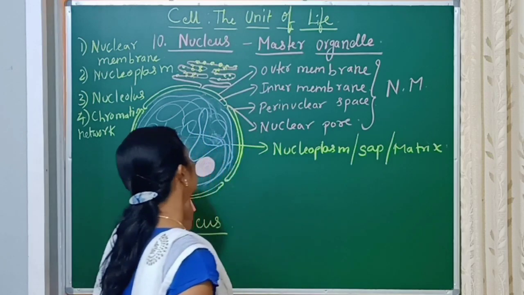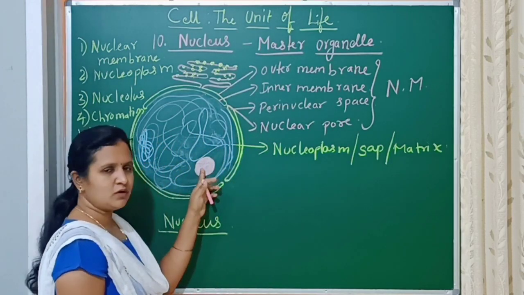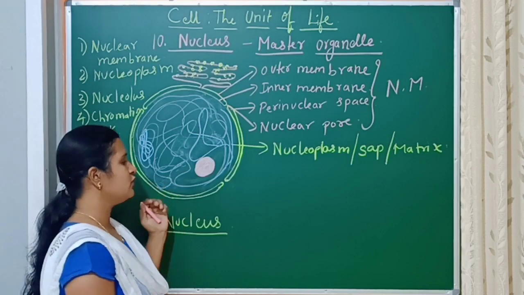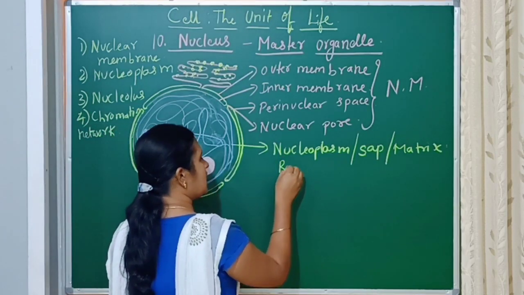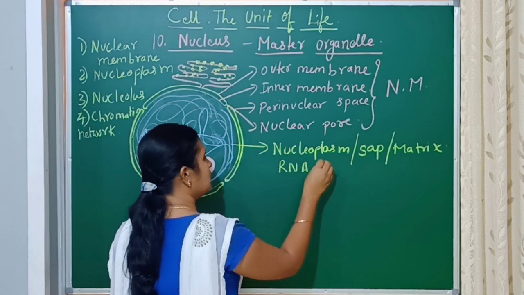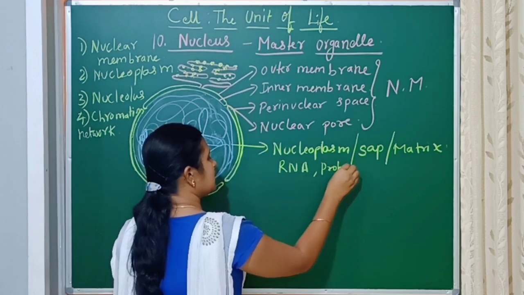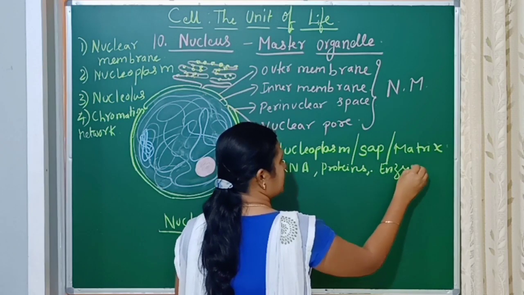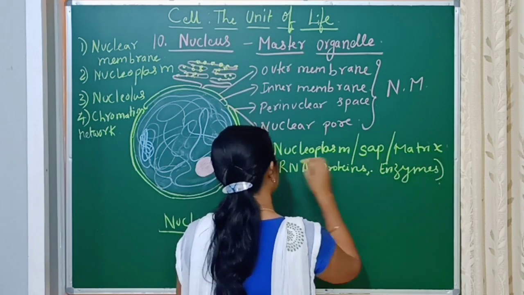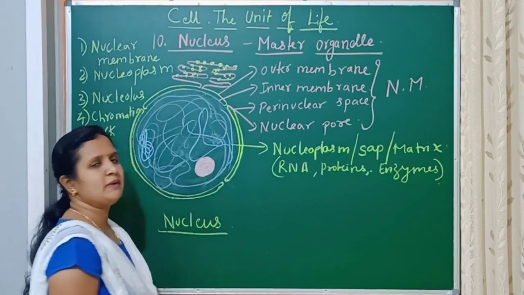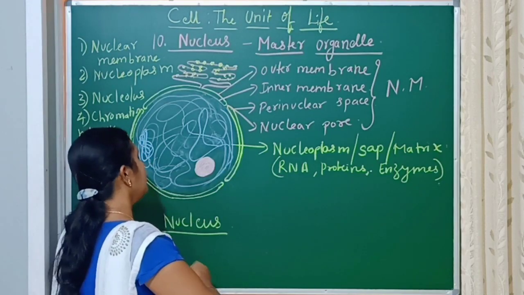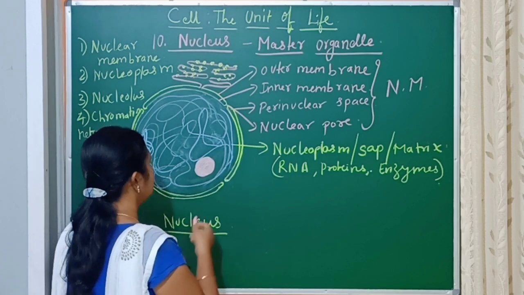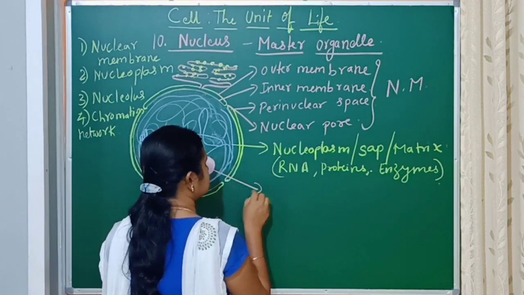Inside the nucleoplasm, the nucleolus and chromatin network are present, and also some free RNA, proteins and enzymes. All this is present in the nucleoplasm.